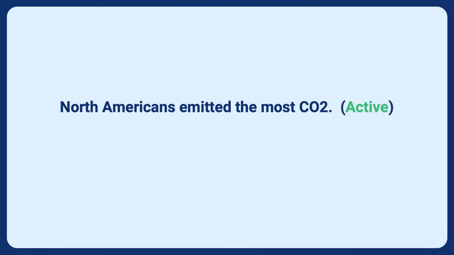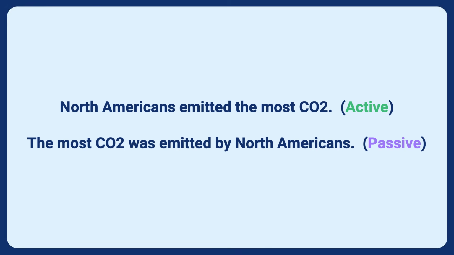All right. Now let's think about some critical language structures that we can use. So we can use the verb emitted here in an active sentence. We can say, North Americans emitted the most CO2. Or we can use a passive sentence and put CO2 at the start and say, the most CO2 was emitted by North Americans.